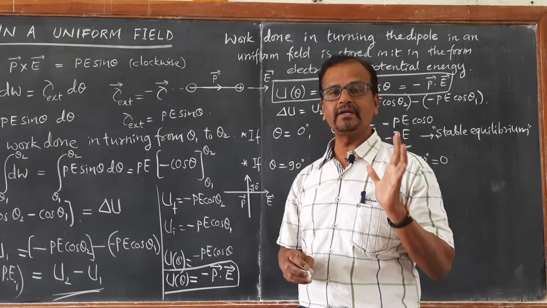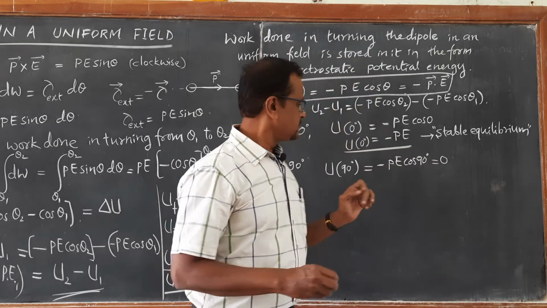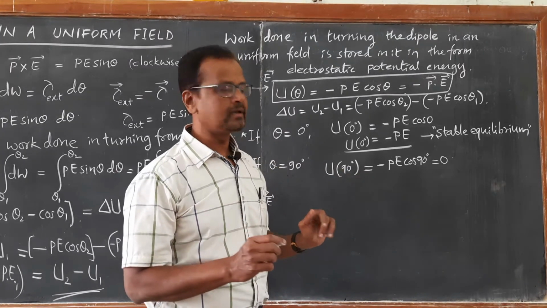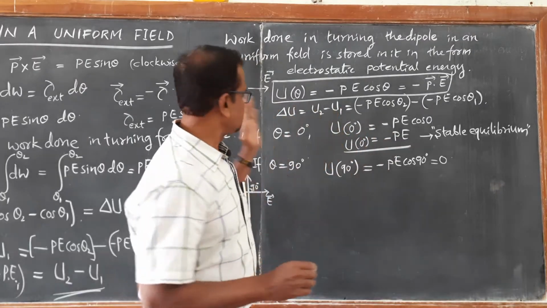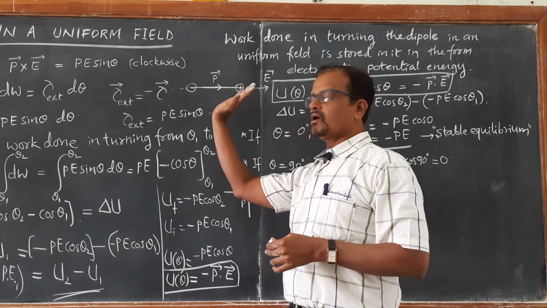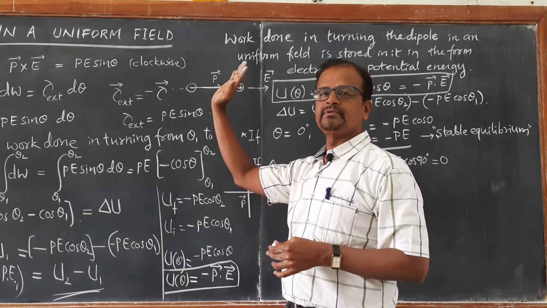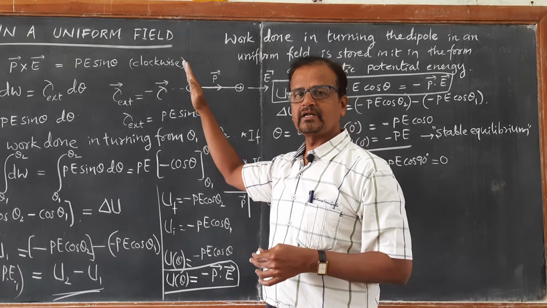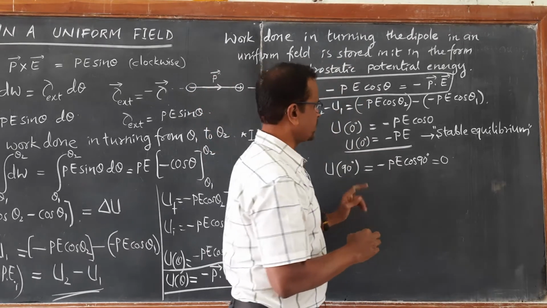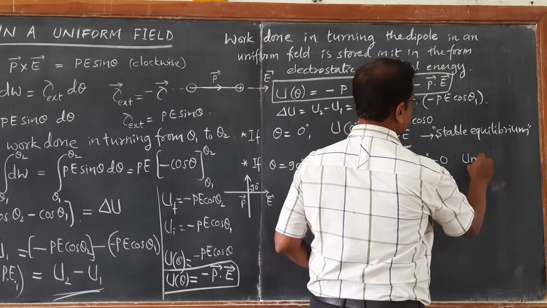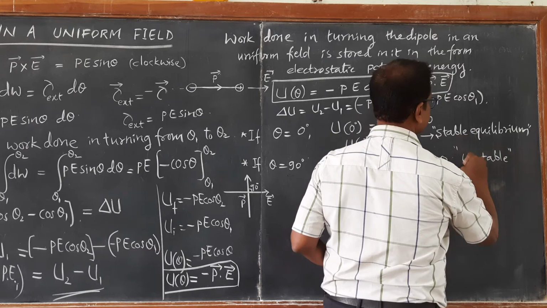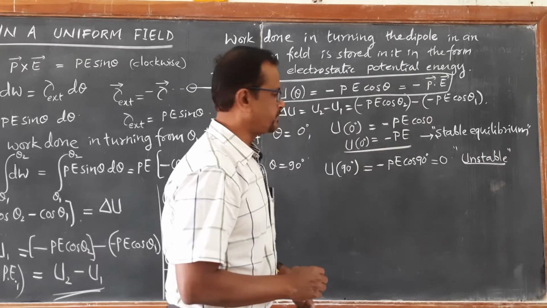As a result, the dipole is not stable. The moment you release it, the dipole tends to turn along the external electric field because of the torque exerted by the external electric field. Therefore, the dipole is not stable. So, we can write here, the dipole is in unstable equilibrium position.